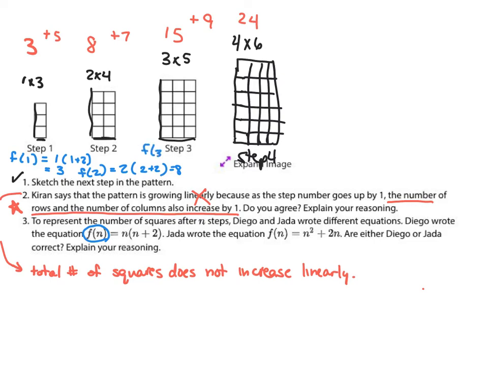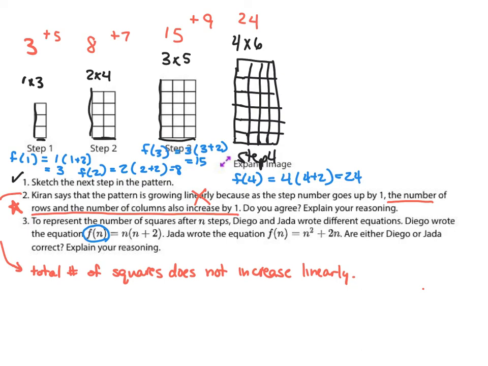F of 3 is 3 times n plus 2. 3 times 5 is 15. So Diego's works. Step 4 would be 4 times 4 plus 2. 6 times 4 is 24. So that does work.